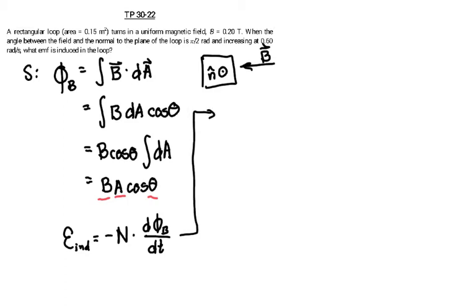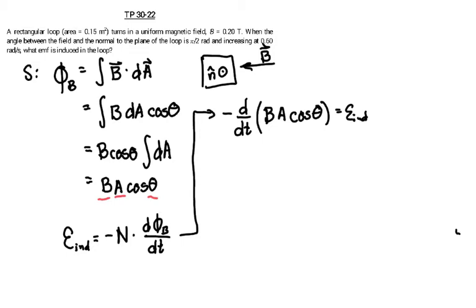Now we said that we assumed there was only one loop in our coil, so now we're just left with negative, and I'm going to make this substitution. The magnitude of the magnetic field times the area of our loop times cosine of our angle, and that's still all equal to the induced EMF.